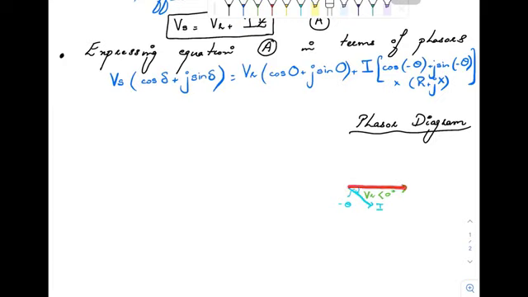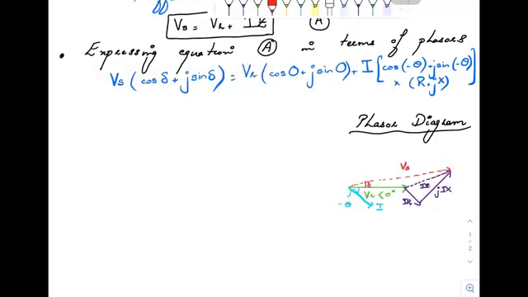So this is the receiving end voltage, this is the current. When this current is multiplied by resistance and reactance, that will give us the overall voltage drop. The resultant of this is basically Is. This is Vs and the angle of Vs is delta.